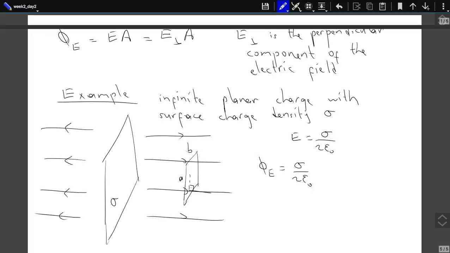Well, the area and the electric field lines are already perpendicular to each other, so we just multiply the electric field by the area. The area is A times B. This is the flux passing through that area.